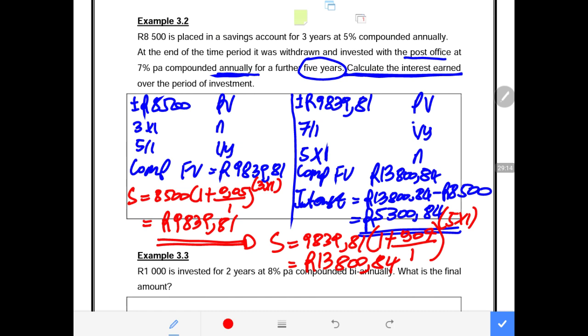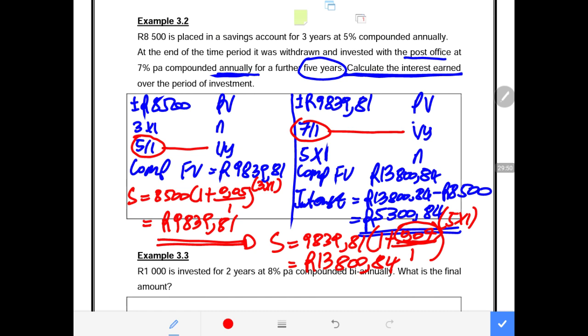I want to highlight that if you opt for the formula, your interest must be in decimal.